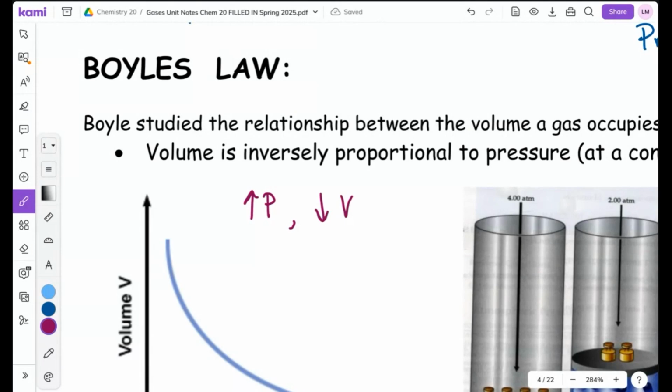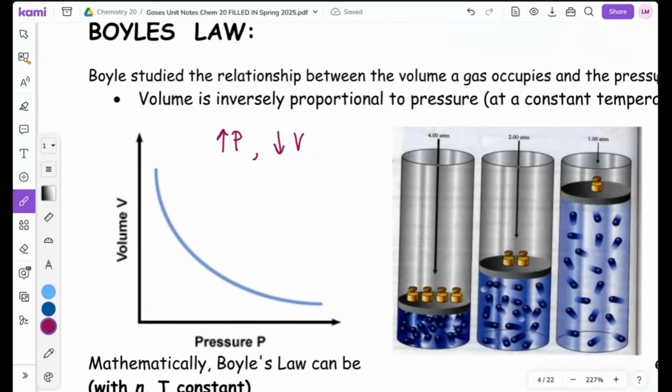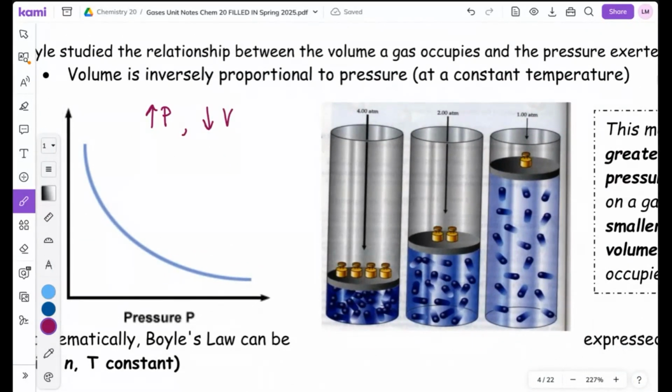One way that you can logic it out here is if you look at these pictures just off to the right. As we go this way, we are decreasing volume, and as you can see in these pressure measurements, as the volume decreases, the pressure increases. That's because there's more collisions between the gas molecules and the sides of the container, because it's a smaller container as we decrease the volume.